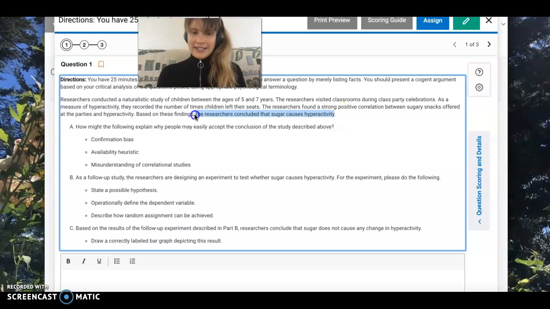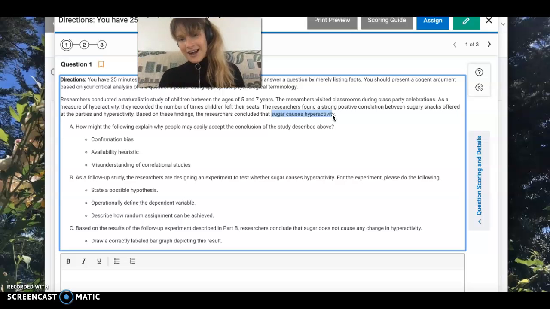So already, an alarm is going off in my mind, because the previous sentence said the researchers found a positive correlation between sugary snacks and hyperactivity, and then they concluded that sugar causes hyperactivity. So you already should be thinking, correlation is not the same thing as causation. Just because the more snacks you eat, the more active you are, doesn't mean that the snacks are causing the children to be hyperactive.